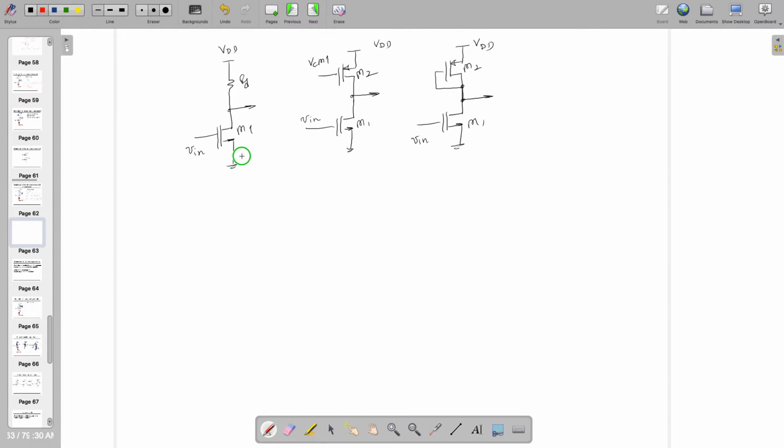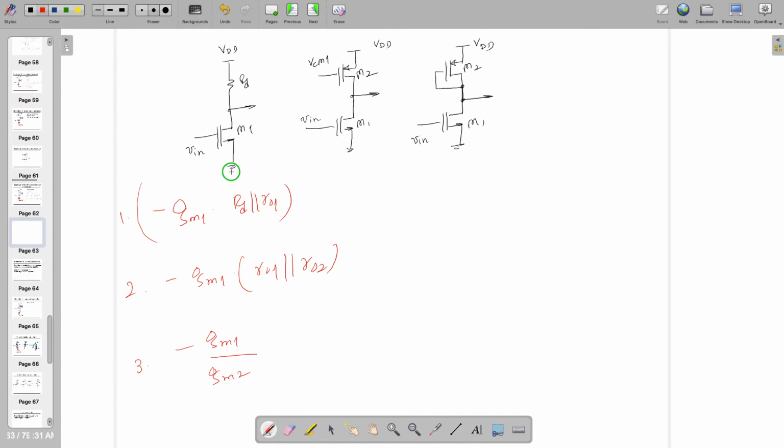This one is giving me GM1 times RD in shunt with RO1. So first expression. Second one is going to give me minus GM1 times 1 by GM2. And third one, oh sorry, I made a mistake. And this one is going to give me GM1 divided by GM2, right?